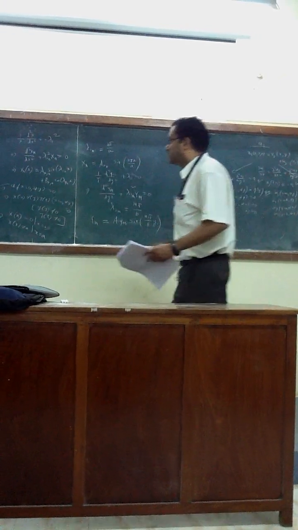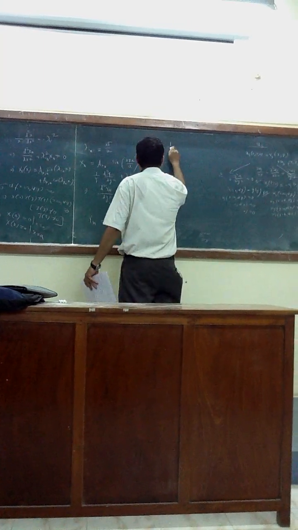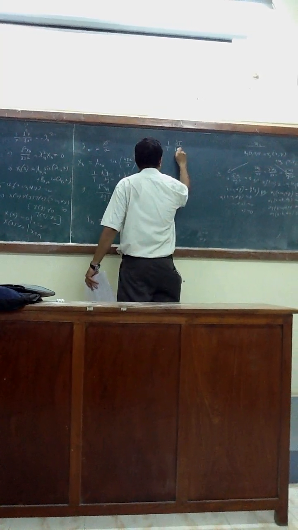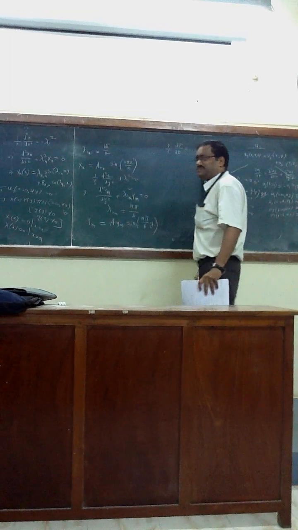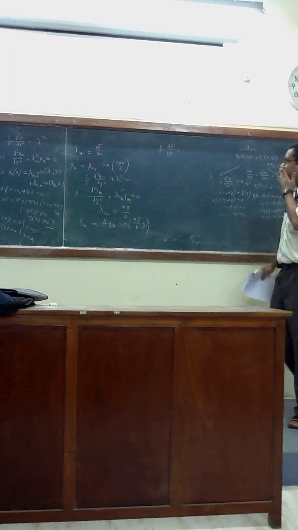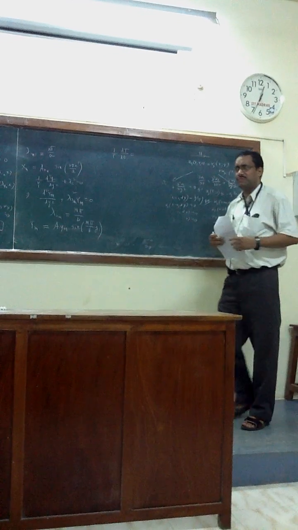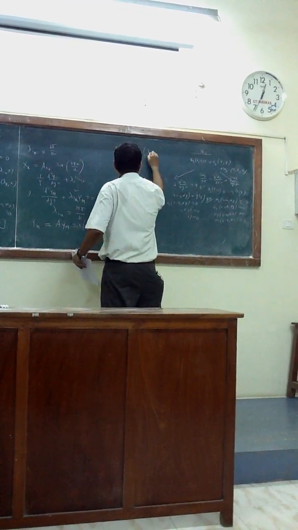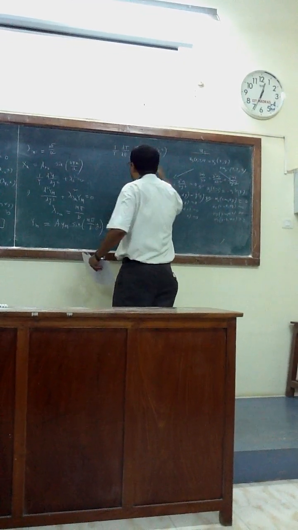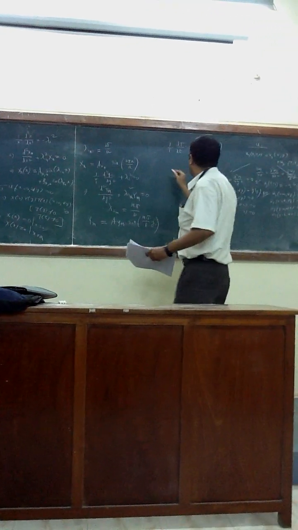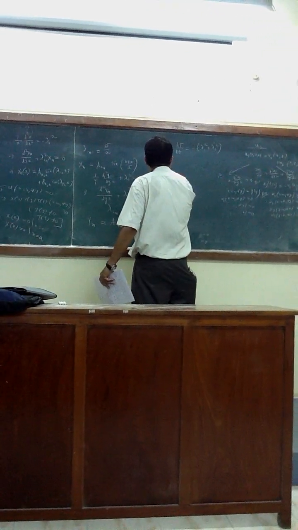And T(t) is also there. So for T, the last part is 1 by T dT/dt equals to what then? Equals to minus lambda 2 square. Lambda 2 square, am I correct? Okay. Next step.